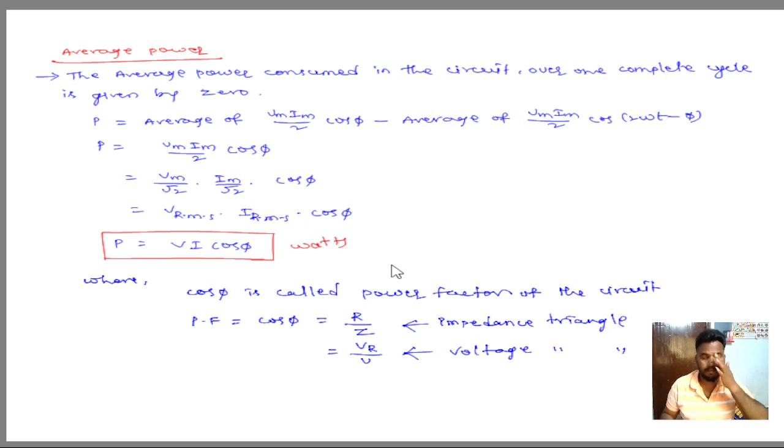Is this clear? This is about a series RL circuit excited by an AC supply. Thank you.